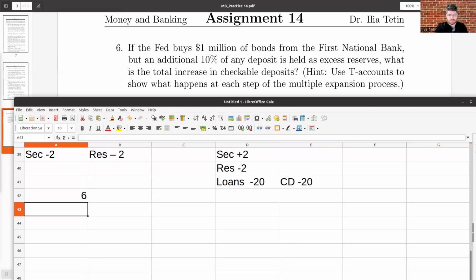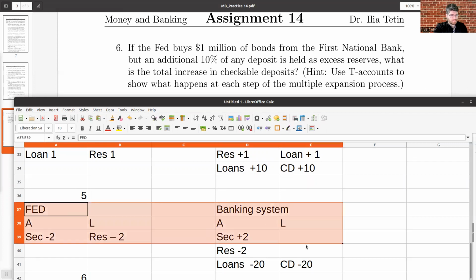So the total increase in checkable deposits will be by how much? So let's provide the same kind of reasoning here. We will use the Fed and the banking system.